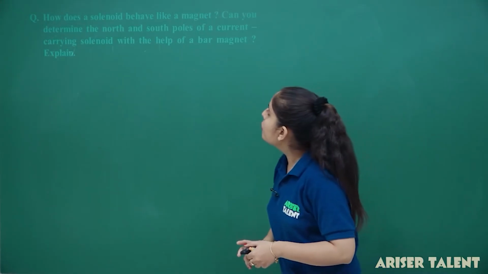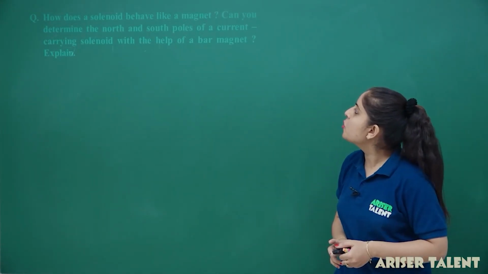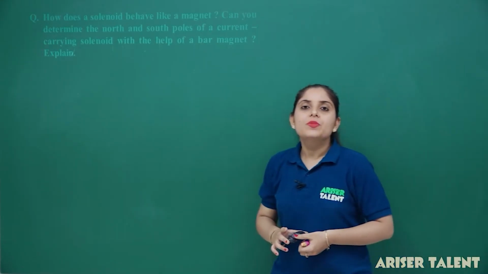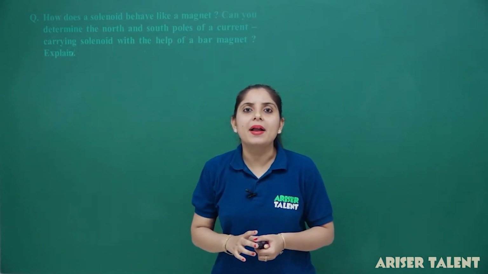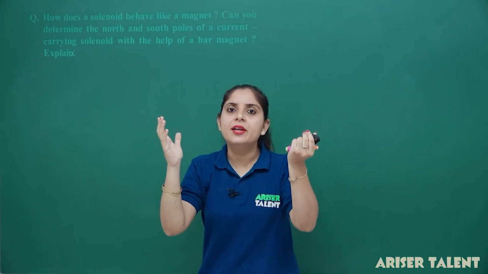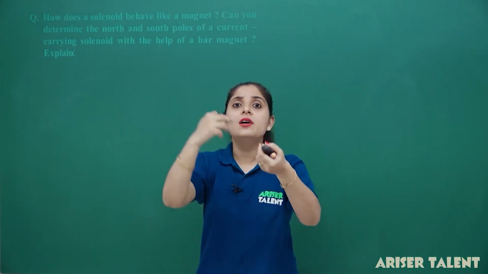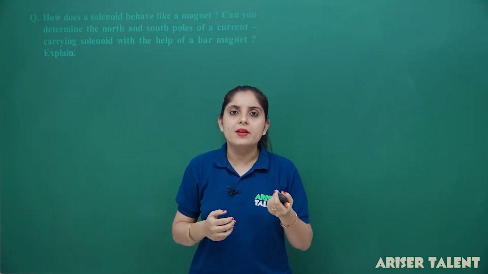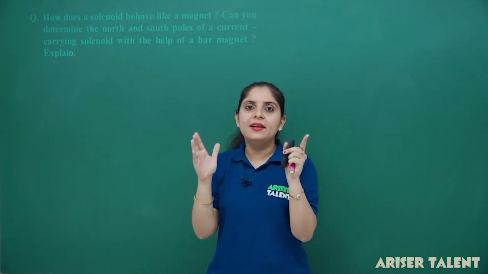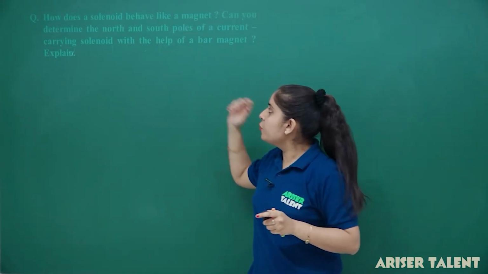Can you determine the north and south pole of a current carrying solenoid with the help of a bar magnet? You have to explain it. We have seen the magnetic field lines due to a solenoid. Solenoid is actually a cylindrical piece of conductor on which the windings are done of the copper wire. The number of turns of the copper wire has been done on the long cylindrical rod. So, this will give you a solenoid.